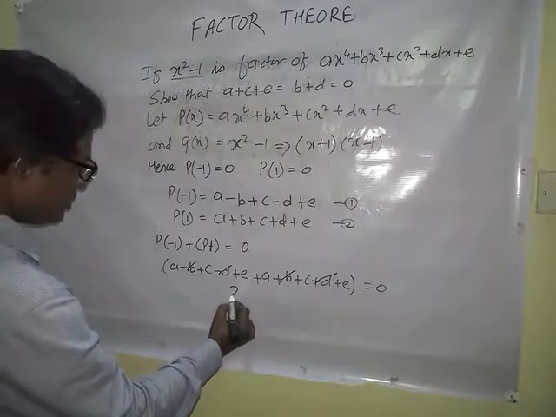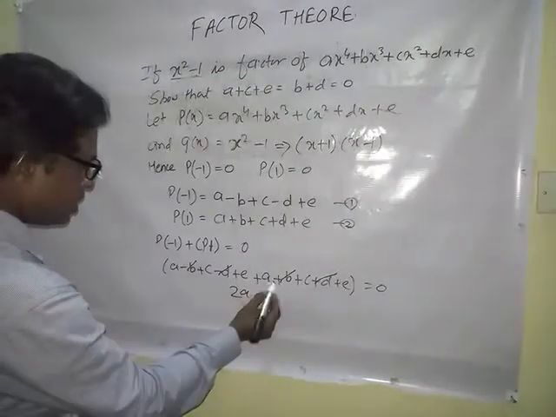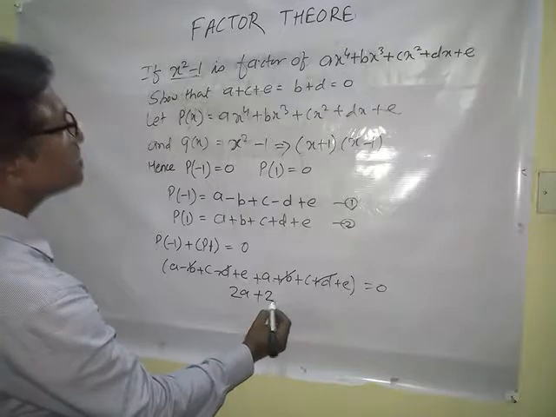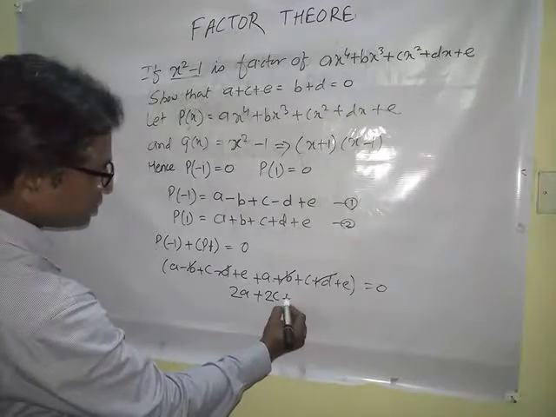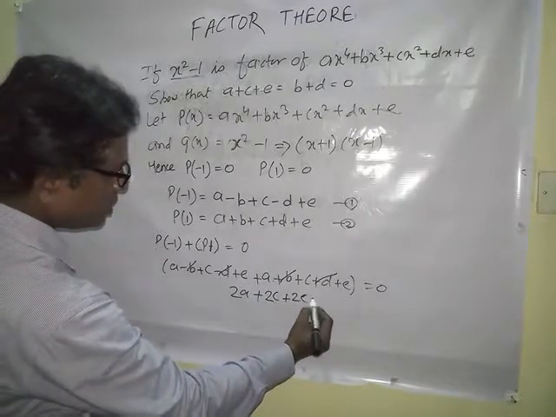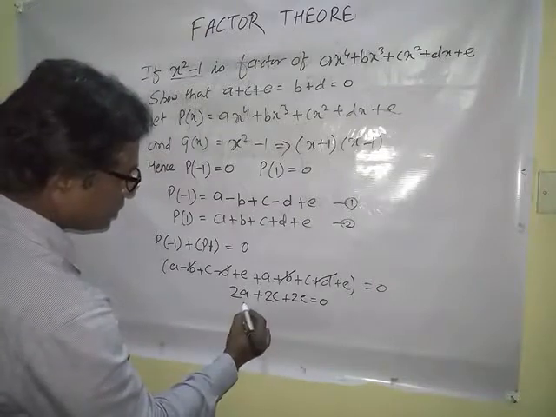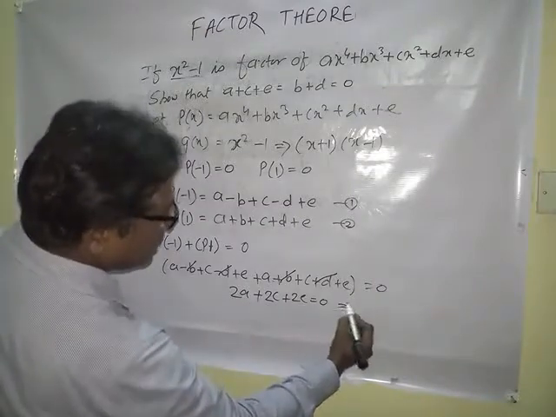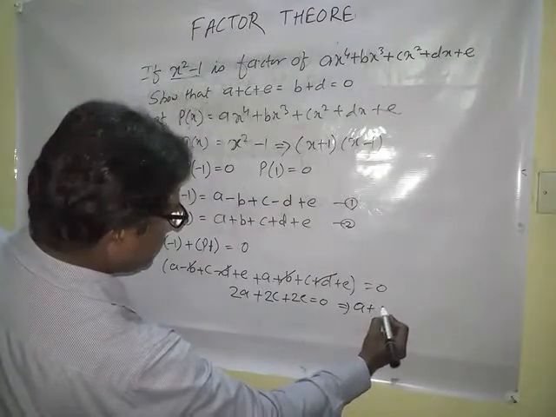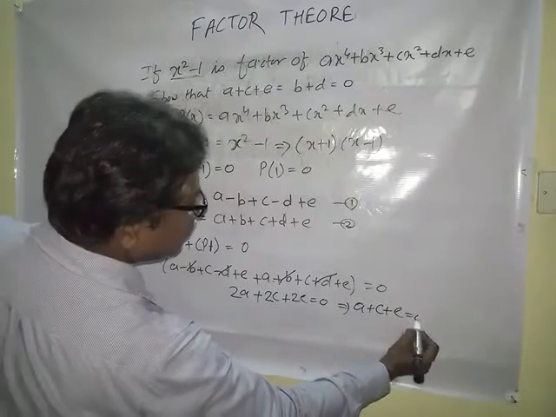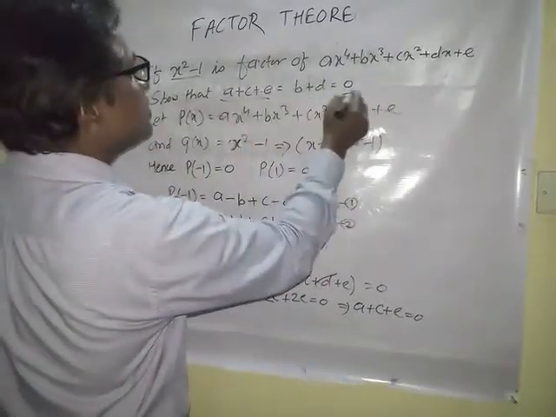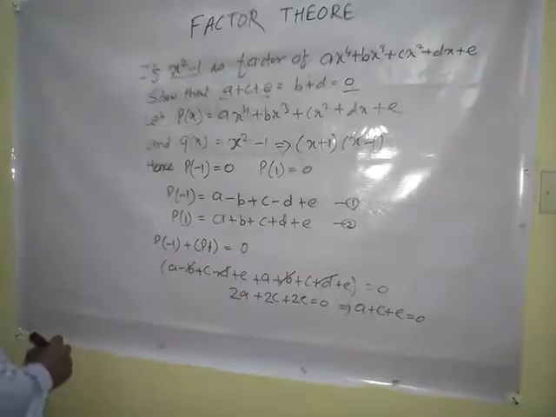So you are getting 2a plus 2c plus 2e equal to 0. Take 2 common, then it will become a plus c plus e equal to 0. So one part of this equation you have proved.